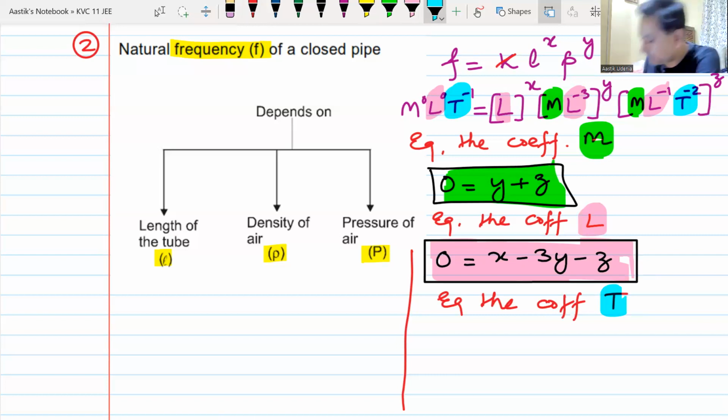Can I have the answers, please? Coefficient of T, left hand side, right hand side. -1 is equal to -2.